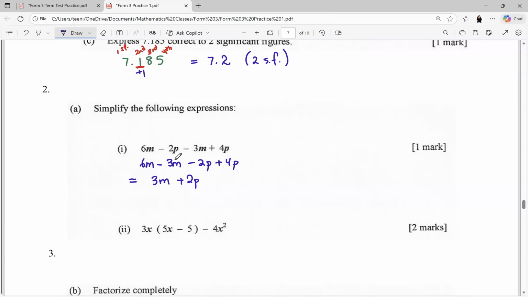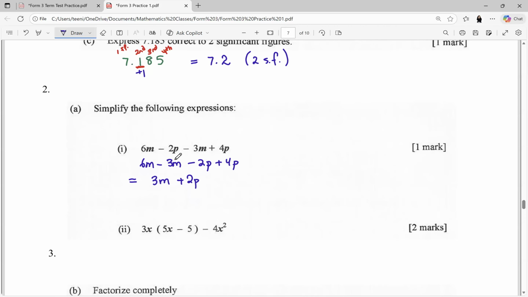The only time the sign would change is if it was an equation and I'm moving it from one side of the equation to the other. So only if I was transposing would I change the sign. But if I'm just rearranging the expression itself, you have to move with the sign of the term.